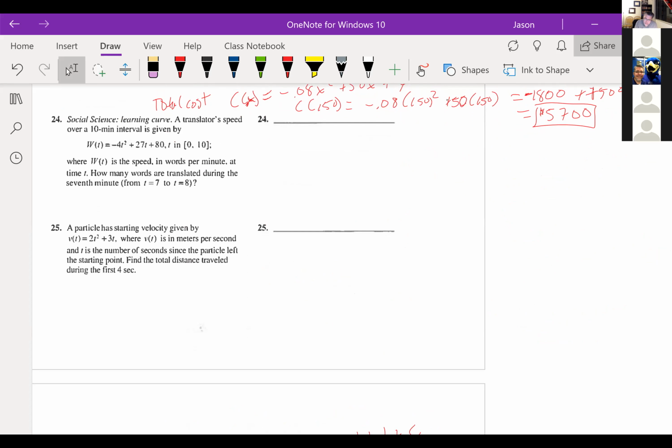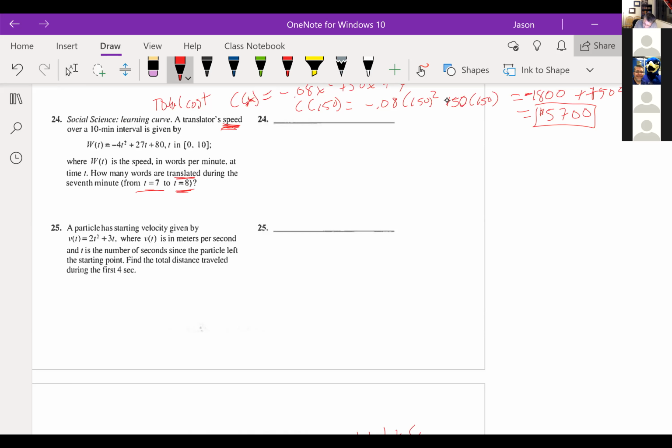Okay, 24. Let me take a look at my solution here. Okay, so translator speed. So speed tells me that we're going to integrate this. How many words are translated during the 7th to 8th minute?